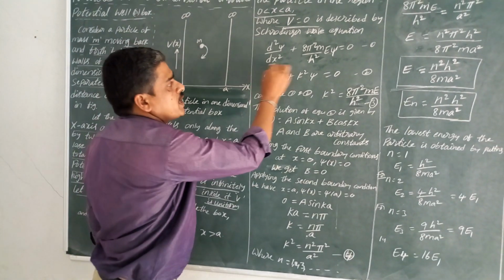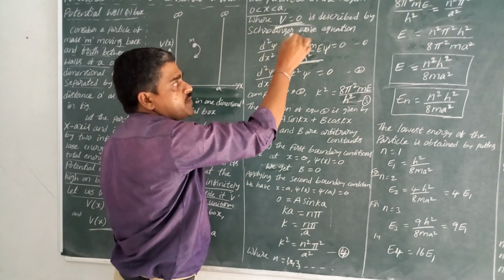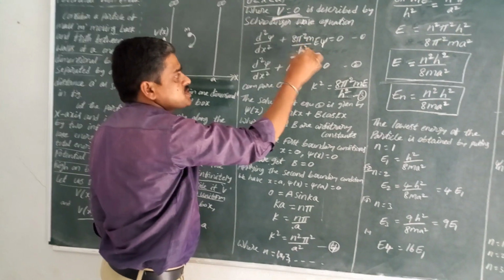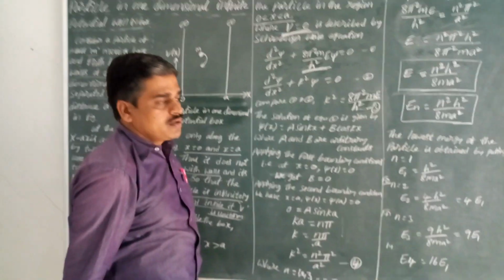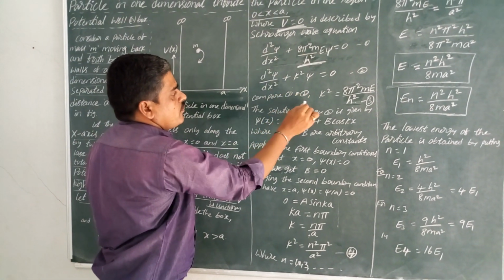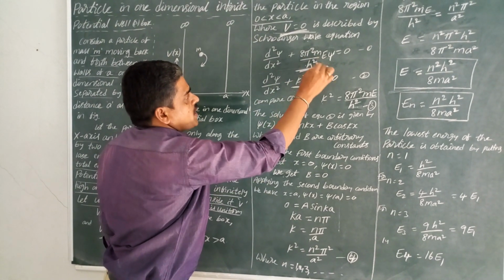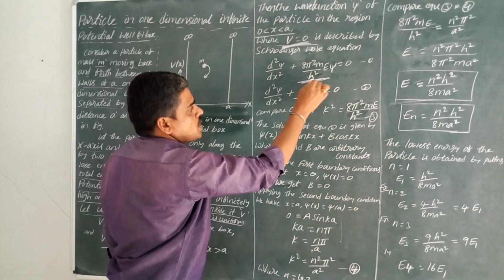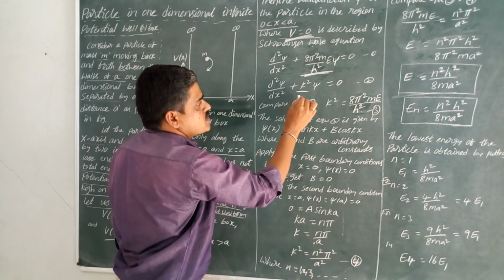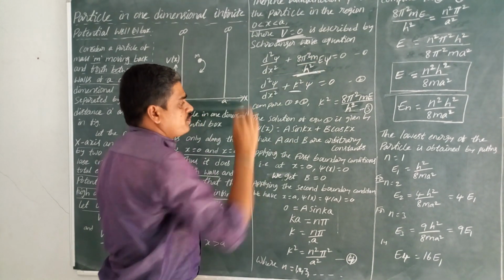This is compared with minus k square psi, where k square is equal to 8 pi square m E by h square.